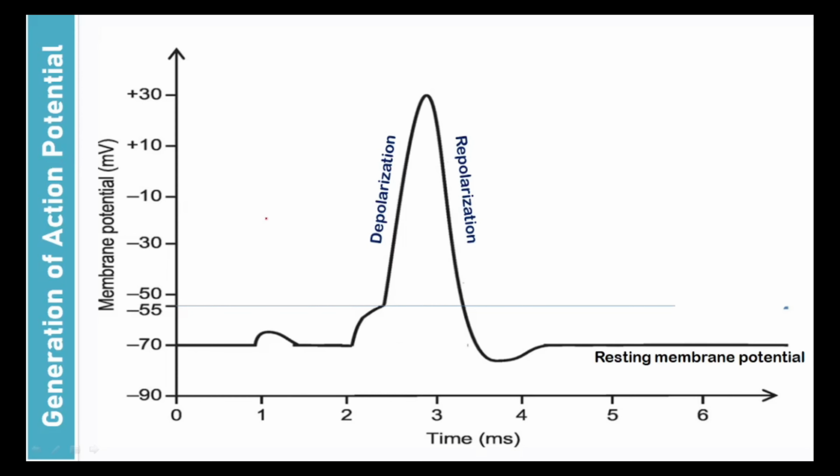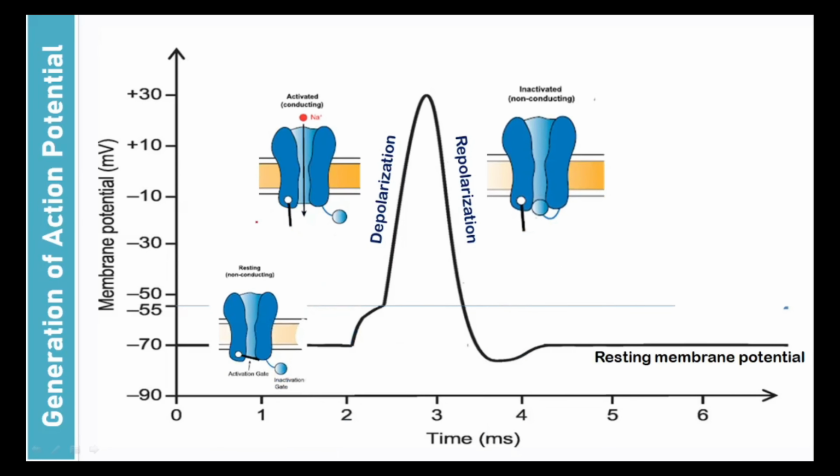Now we'll see what the changes in the sodium channel are during the generation of action potential. In the resting membrane potential stage, sodium channels are in the resting or non-conducting stage.